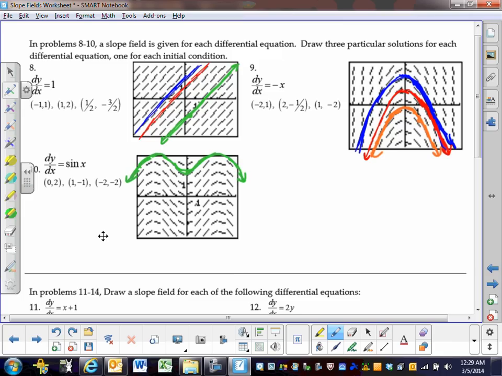We have an upside down cosine graph. We do 1, negative 1. We still have an upside down cosine graph, but shifted to a different height. And through negative 2, negative 2. That's still different. Upside down cosine graph. Plus or minus c is the difference.